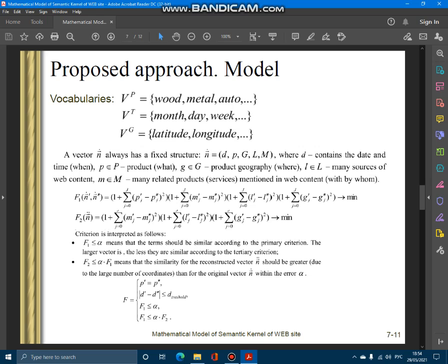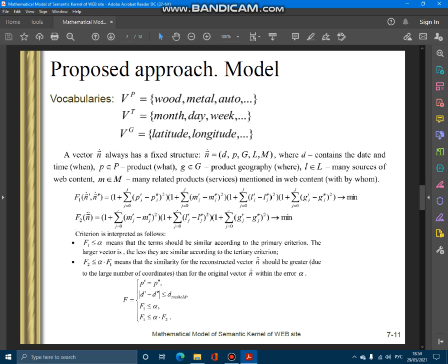Criterion 2 by vector n² and n³. The third criterion is entered by the date and time of appearance of the term on the web page. The time difference between the appearance of two kernels should not exceed a certain threshold value, D threshold.